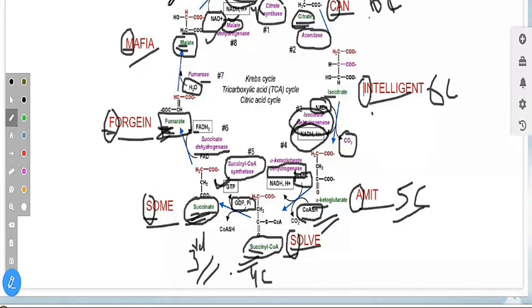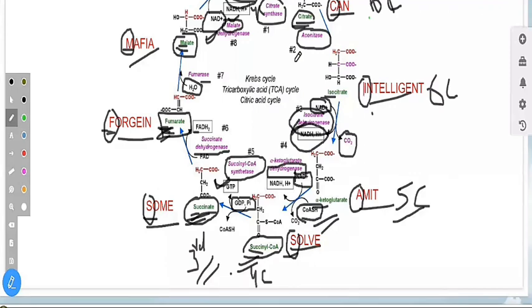That's why the enzyme name is malate dehydrogenase. In the presence of the enzyme malate dehydrogenase, malate is converted into oxaloacetate. Now the 8 steps are completed.